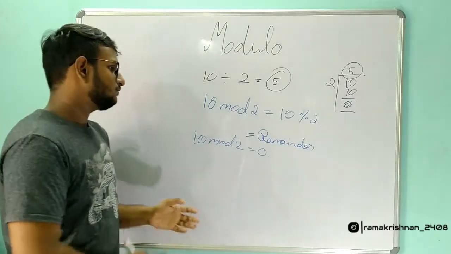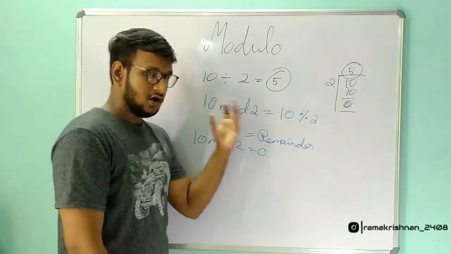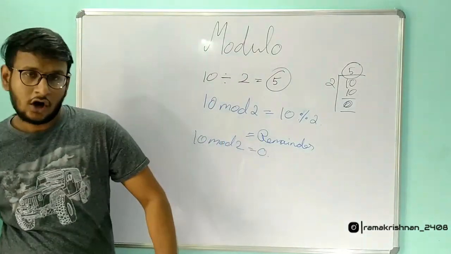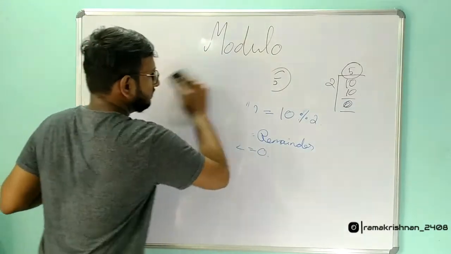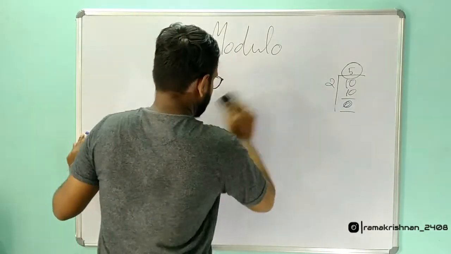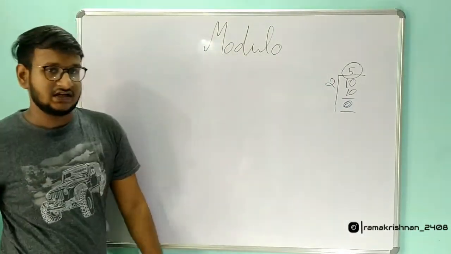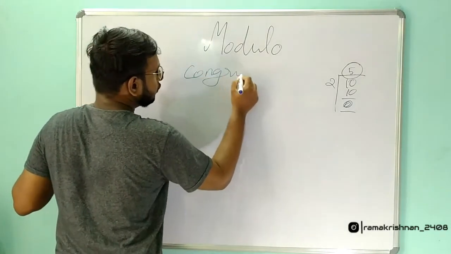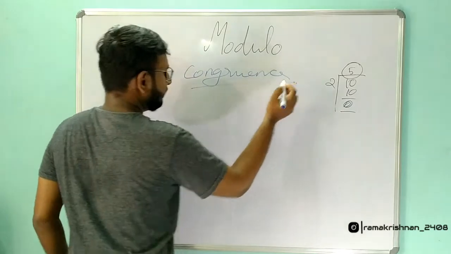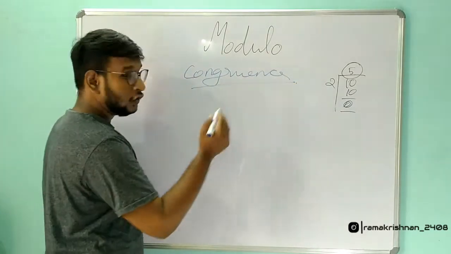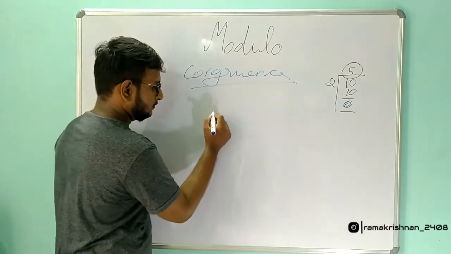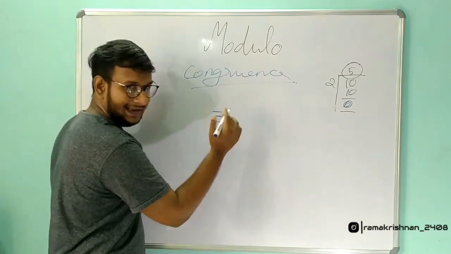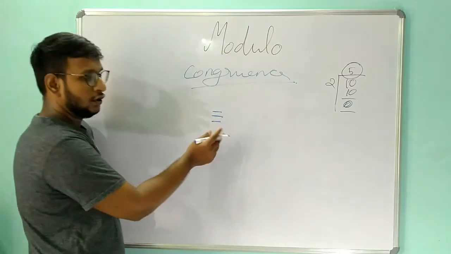When we are reading about modulus, we will come across another term called congruence. Congruence is represented using a symbol like this. Not equal to has two parallel dashes, while congruence has three dashes.